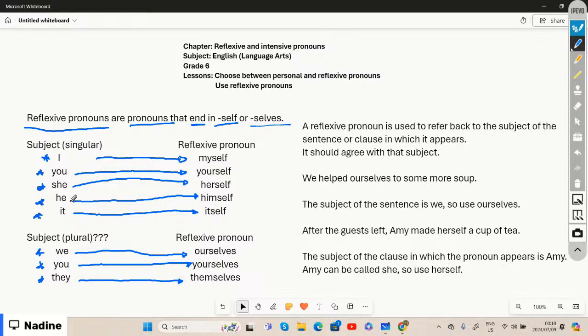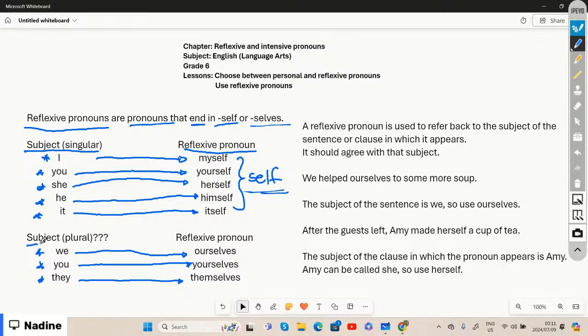So when it comes to a singular subject, the reflexive pronoun ends in self, because we're referring to one person or thing doing something.